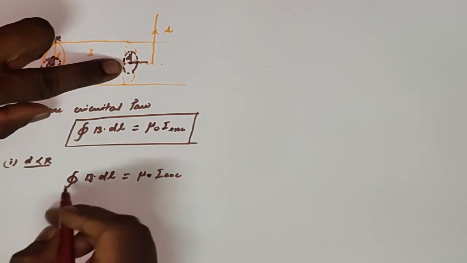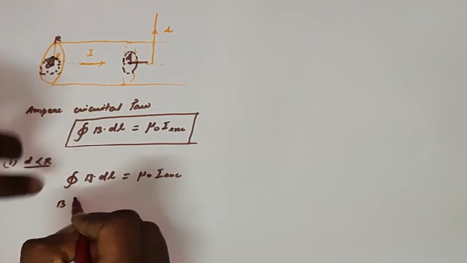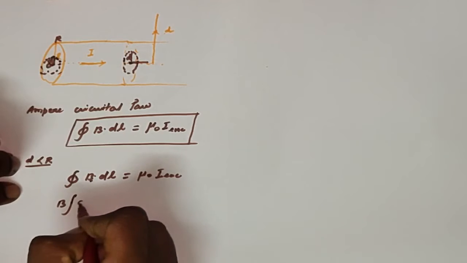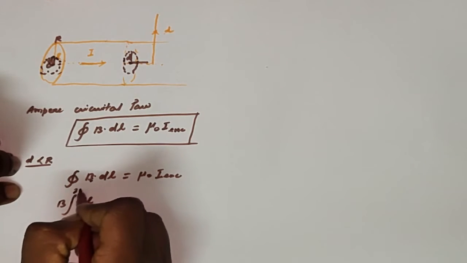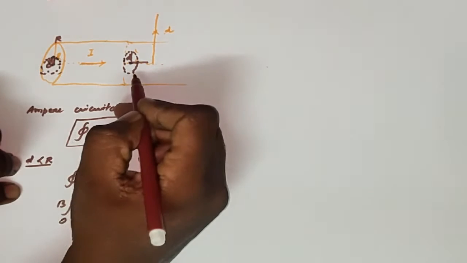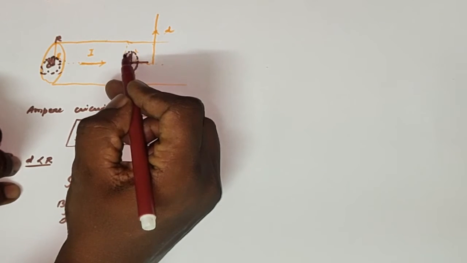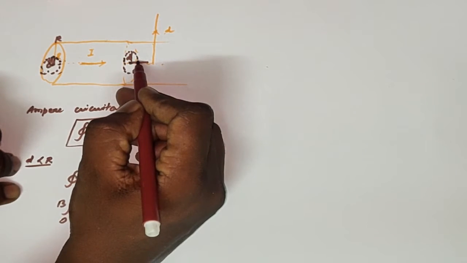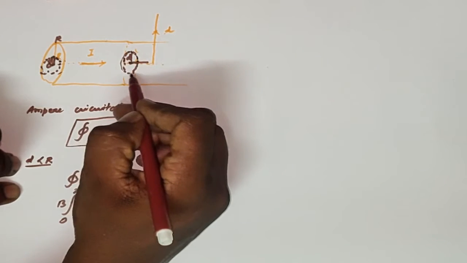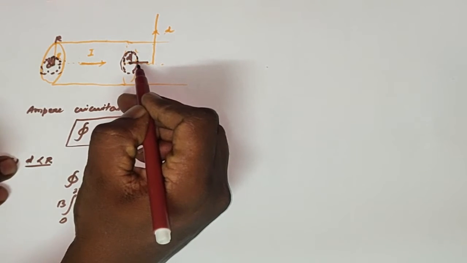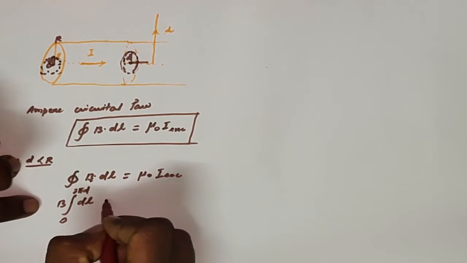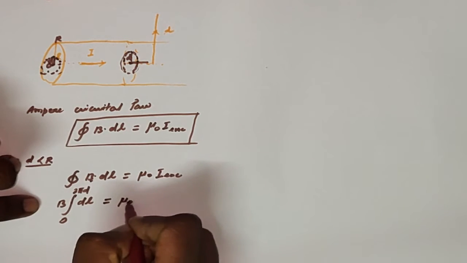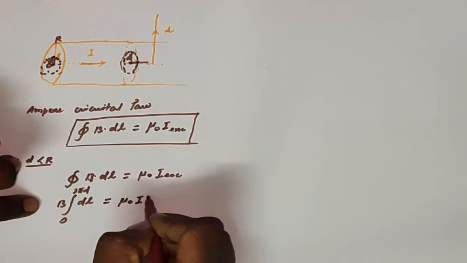So you can take B out of the integral. The integral of dl goes from 0 to 2 pi d, because this is a line integral. If the starting point is 0, the length of the circle is 2 pi d. The circumference of the circle is the total length 2 pi d, and that would be equal to mu naught times the I enclosed within the circle.